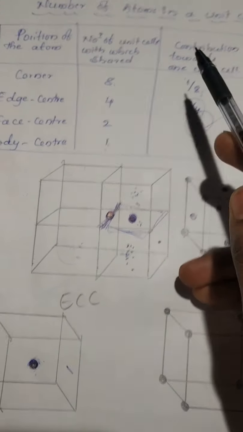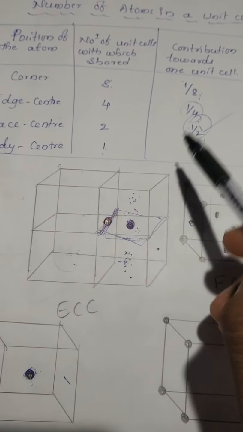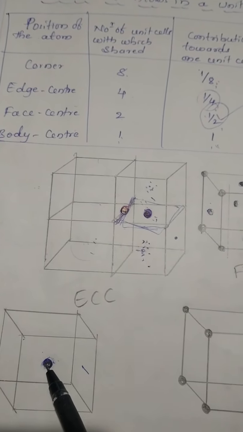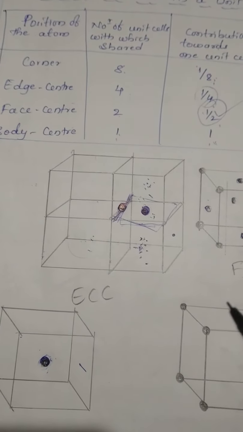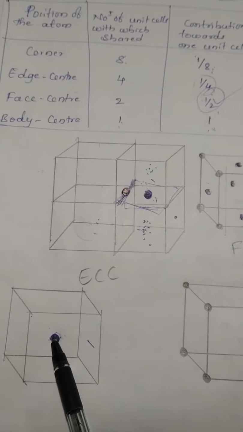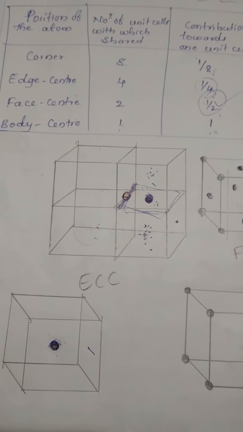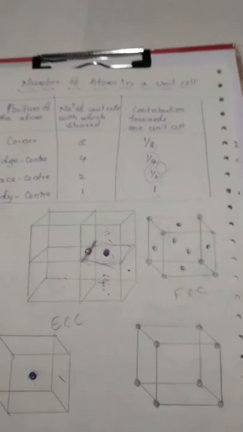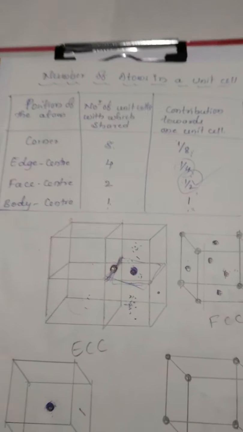It means the contribution towards 1 unit cell is only 1. Okay, just see here, once again see this table.